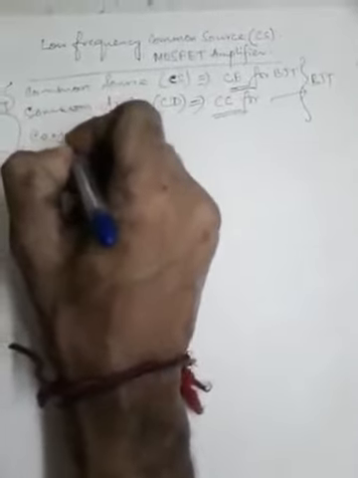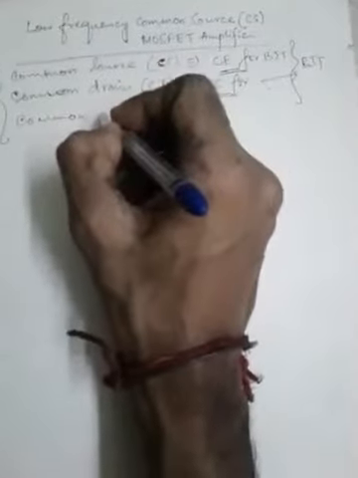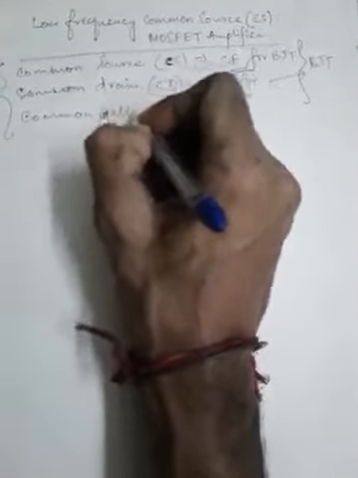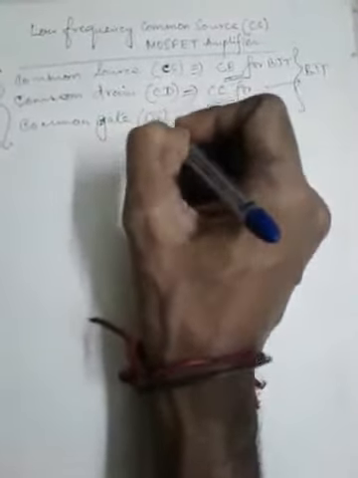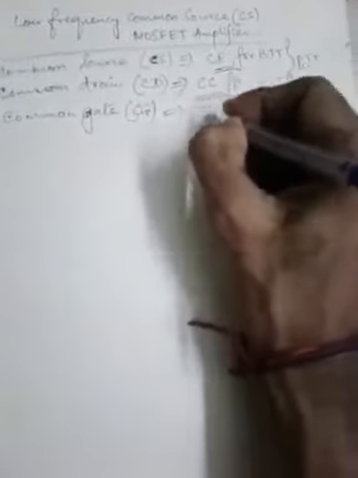And the common gate mode of operation of FET, in short called CG, is something like CB, that means common base mode for BJT. So these are the comparative studies of the three modes of operation.